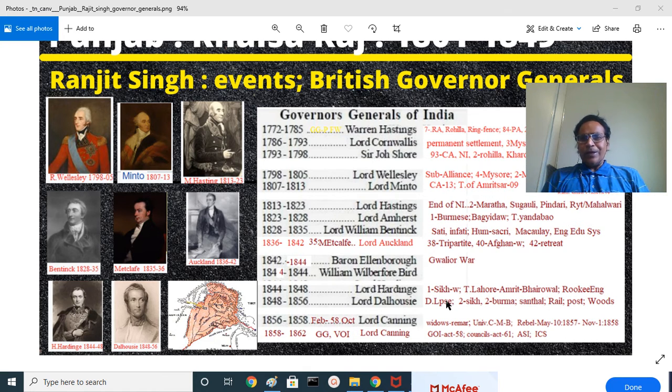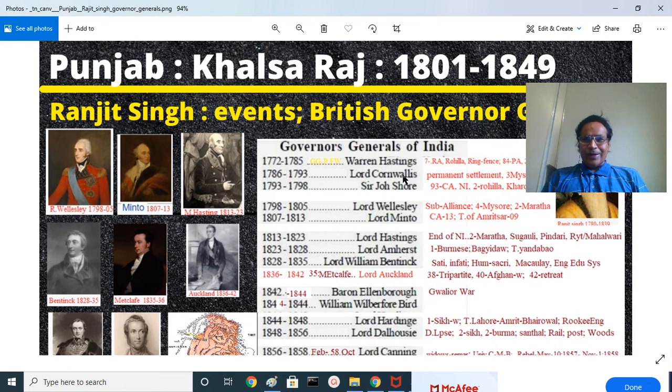And the second Anglo-Sikh war was fought during the time of Lord Dalhousie, and the Sikh Kingdom was finally annexed and disappeared from the Punjab plains, and the Khalsa Sarkar or Sikh Kingdom of Maharaja Ranjit Singh and its successors became British Punjab. The Sikh Punjab, Khalsa Punjab became British Punjab.